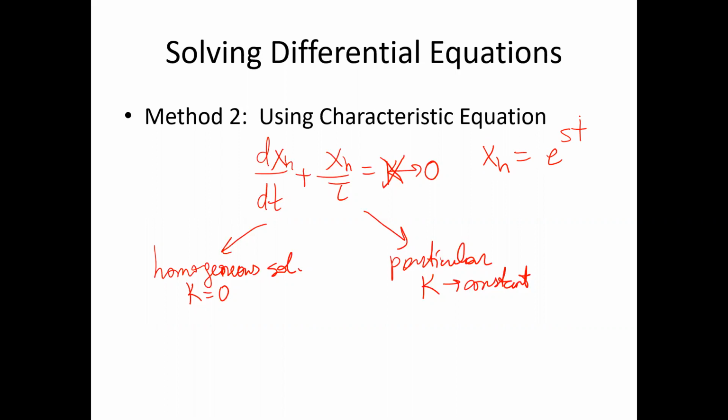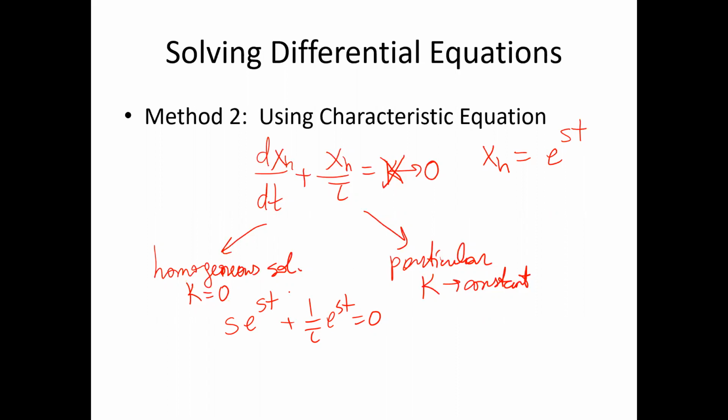Now let me substitute this general form back into the differential equation and see if there are any values of s for which I can actually solve the equation. If you substitute this back in, the derivative becomes s e to the st, plus 1 over tau e to the st equals 0. Again, remember, we're on the homogeneous solution side here.